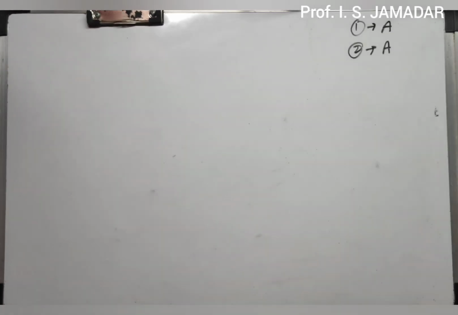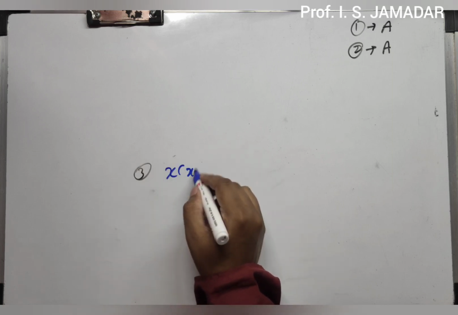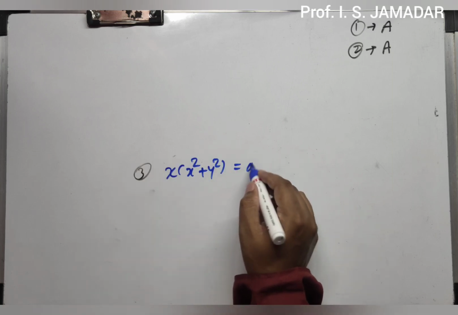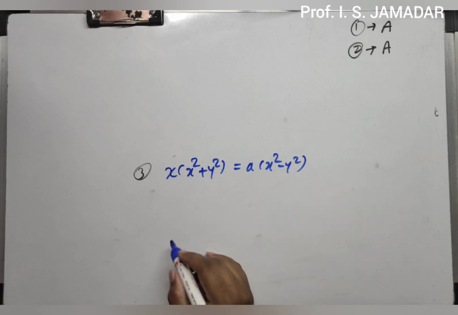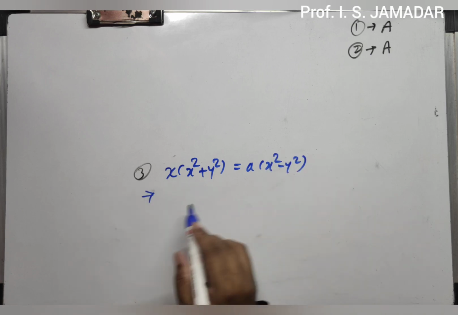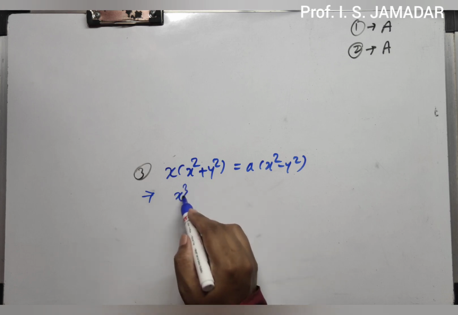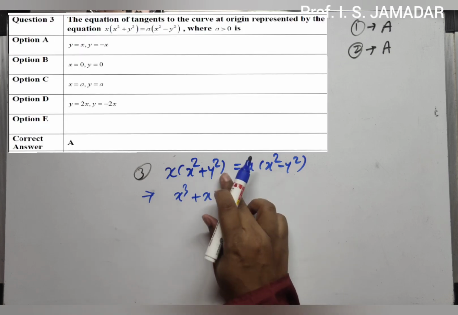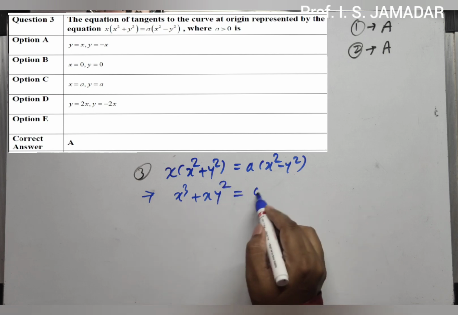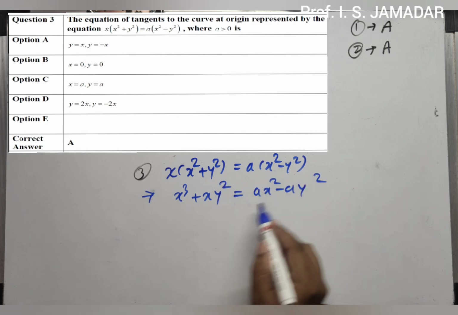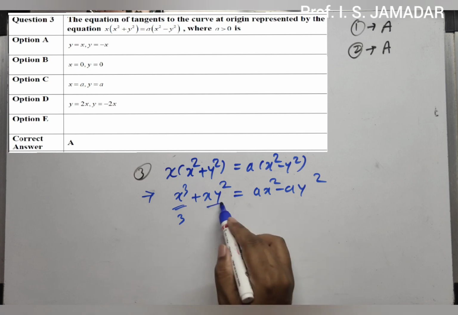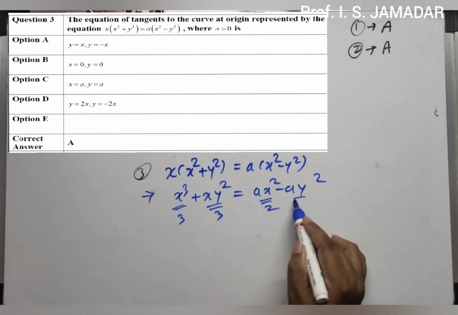Next, question number 3, the equation of tangent to the curve at origin. The equation of the curve is x into x square plus y square is equal to a into x square minus y square. If you do the multiplication, it will be x cube plus x y square is equal to a x square minus a y square. This is degree 3, this is also degree 3, this is degree 2, this is also degree 2.